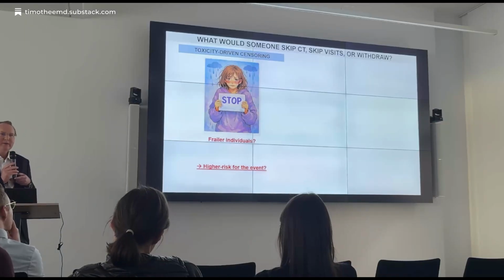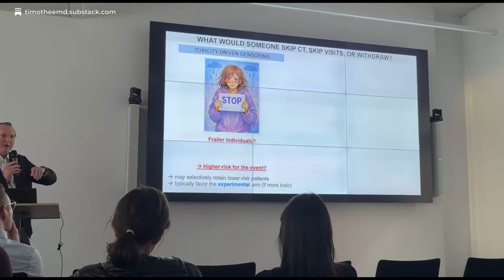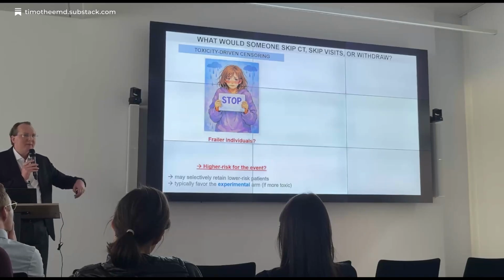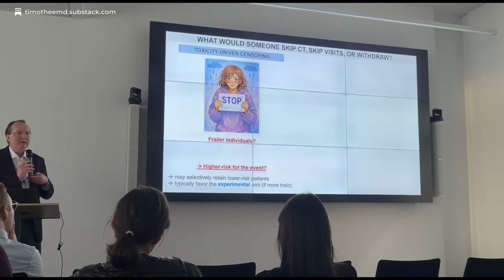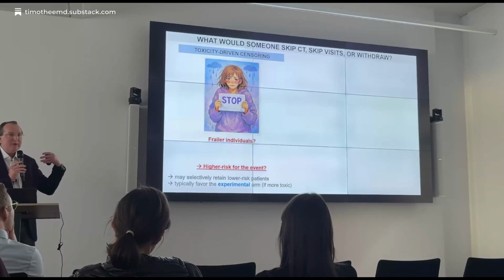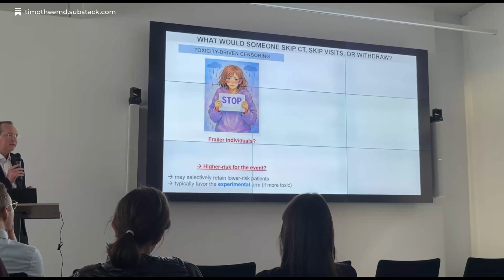And now you are censoring this patient. So you are removing this patient from the analysis, and maybe the patient would have stayed and presented the event just after. So it would typically favor the experimental arm if this arm is more toxic.